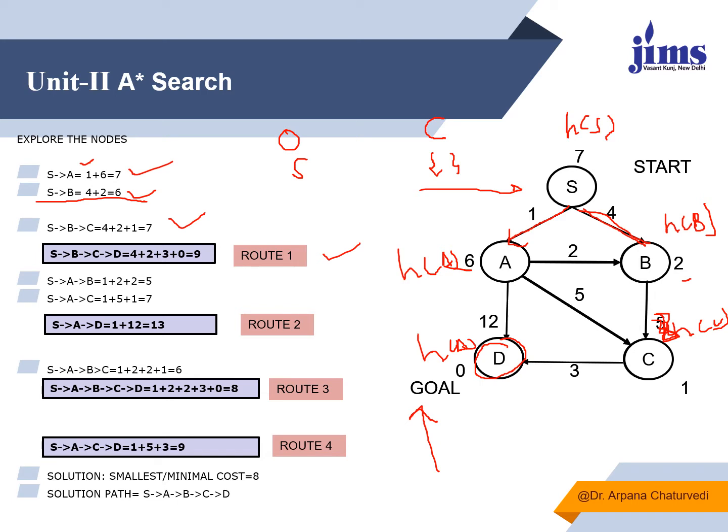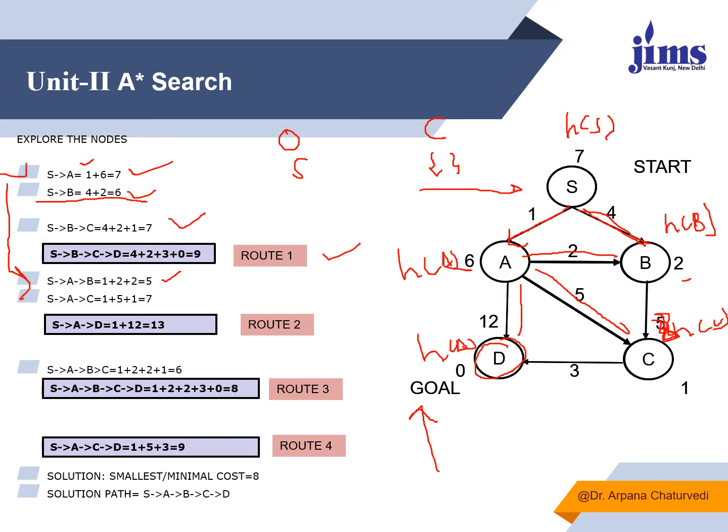Now which route is unexplored and left? So S to A is unexplored. We will explore S to A now. S to A is further explored to 3 paths: S to A to B, or S to A to C, or S to A to D. So one by one we will find out. S to A to B is 1 plus 2 plus its heuristic 2, becomes 5.